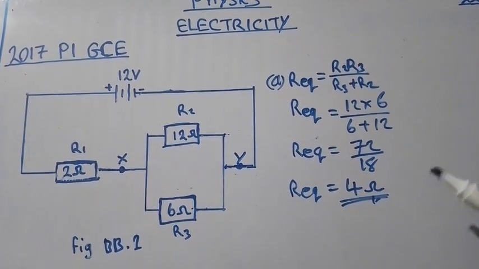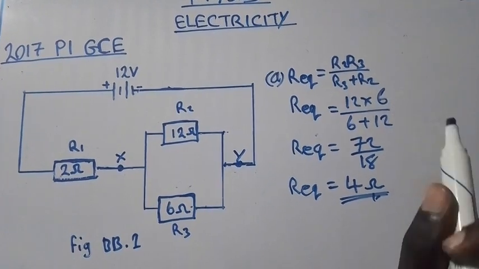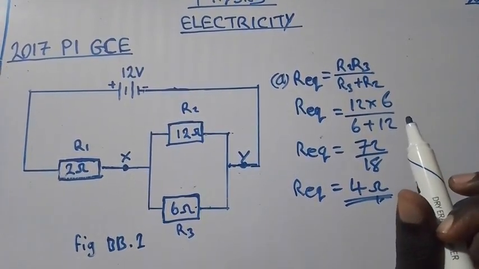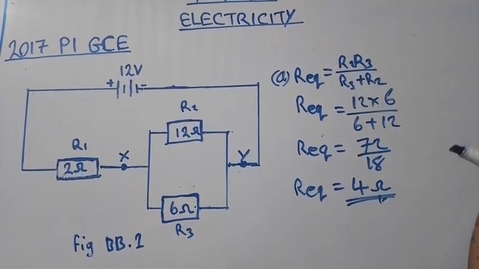So take note, this formula is only applied on two resistors that are connected in parallel. When you have 3 resistors, you have to apply a different formula.